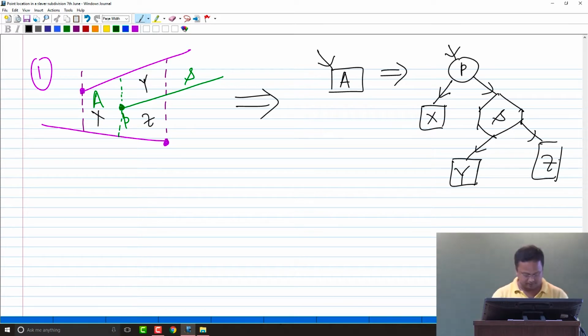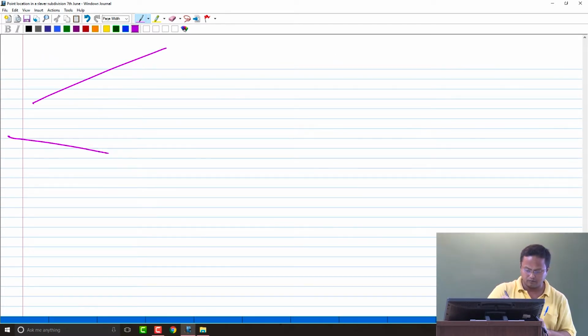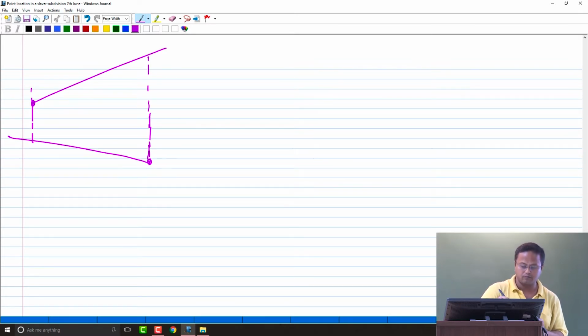This is one case. The second case is that you have your new line segment completely lying inside.